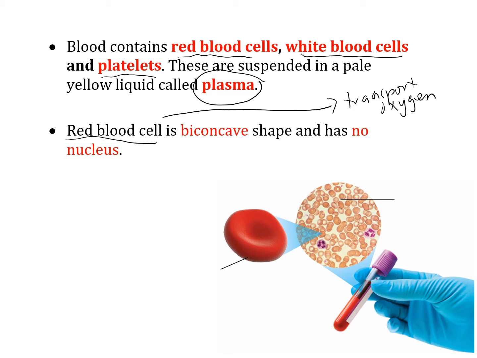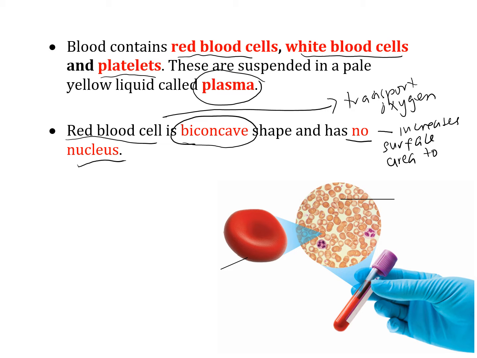Now one of the adaptations is that it has no nucleus, and because of that it creates a biconcave shape for the red blood cell. Now this biconcave shape actually increases the surface area to volume ratio. Now what's the meaning of that?